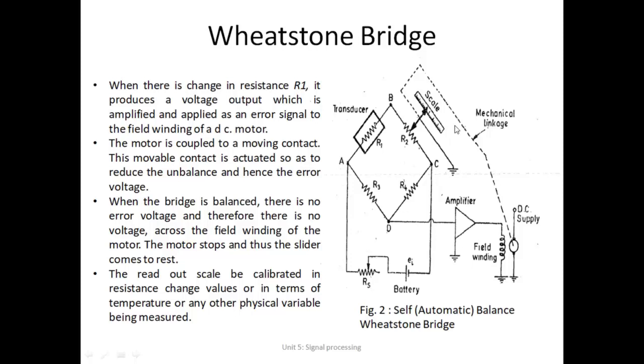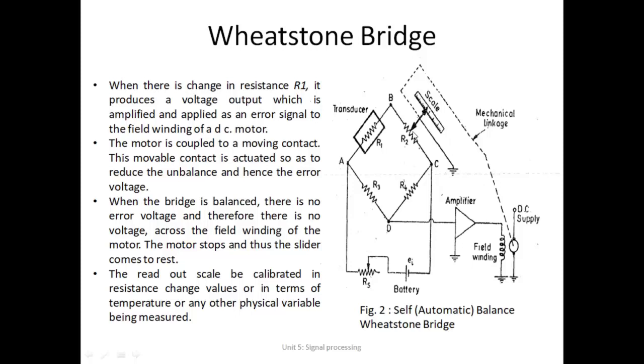And this motor is mechanically coupled to the scale or a tap over here at R2. So this current starts the motor. This motor moves the position of the scale in such a way that R1 and R2 get balanced.